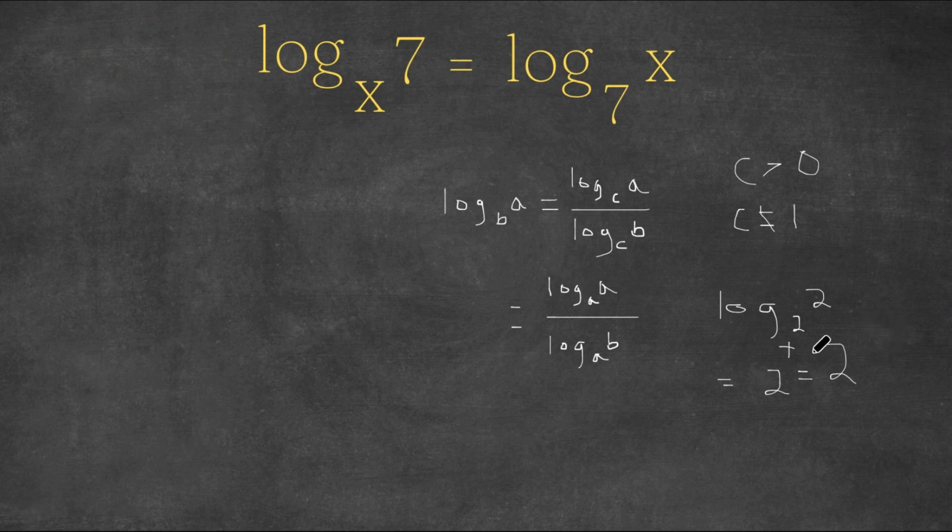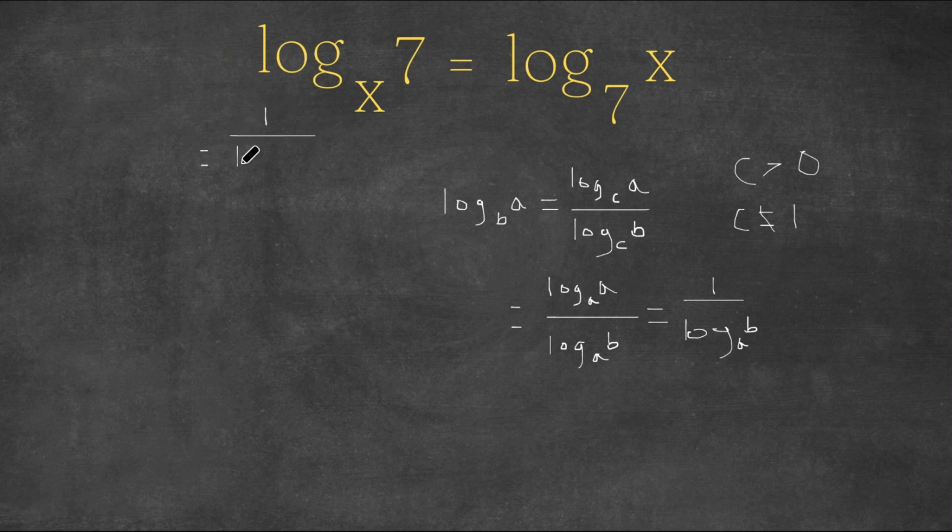And the only answer for this is 1. So that means that log base a of a has to equal 1. So this is also equal to 1 over log base a of b.